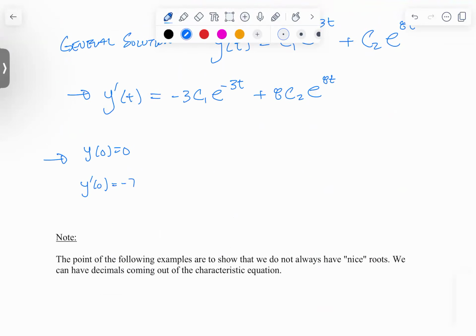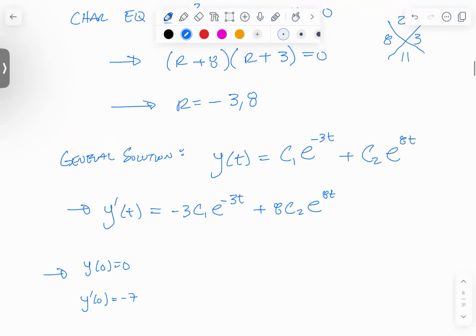Why is that positive 8? Because I lost my sign.